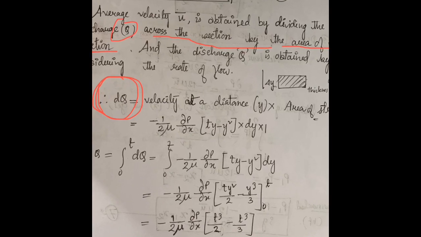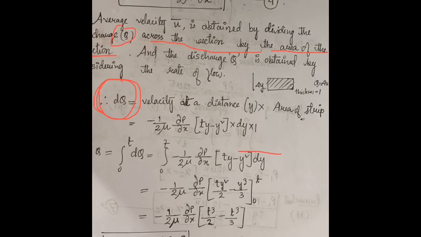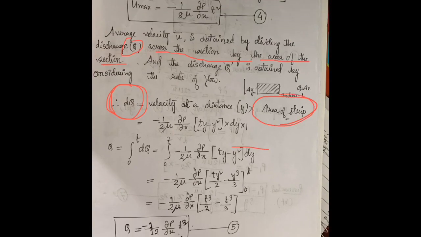You have to consider a small discharge, and after that find out the total discharge. dq equals velocity at a distance y into area of the strip, which is equal to minus 1 by 2 mu del p by del x into (ty minus y square) into dy into 1.